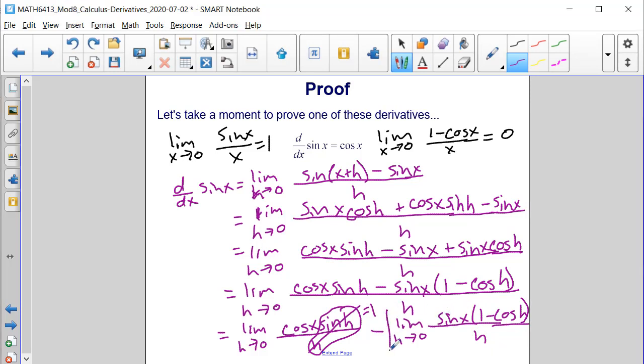So this entire term cancels out because we had that identity here is 0. So therefore we are left with the limit as h approaches 0 of cosine of x, which just simplifies to cosine of x. So we've proven this identity.